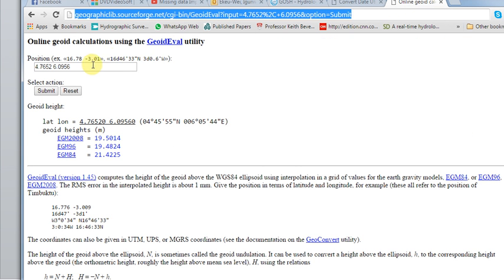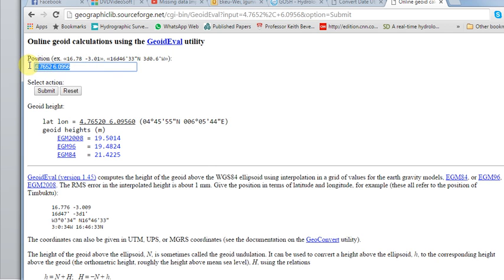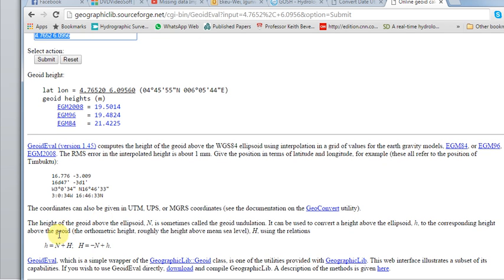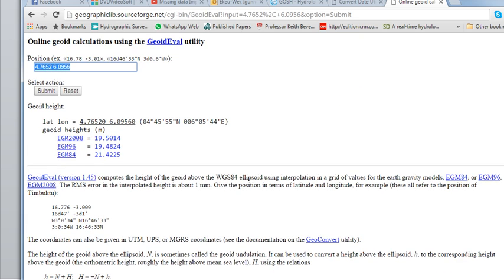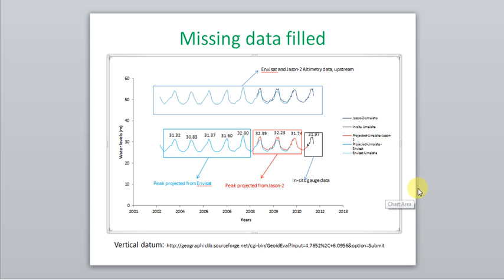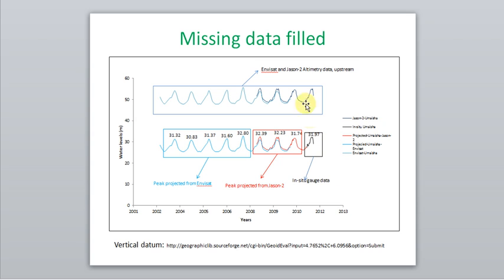If you know the coordinates of the gauge station, which are provided as part of the data, or of the virtual station, you just put them in here. If you apply this formula down here, you'll be able to put both data in the same vertical datum. It's very important, as otherwise you overestimate your water level, so take note of this very well.